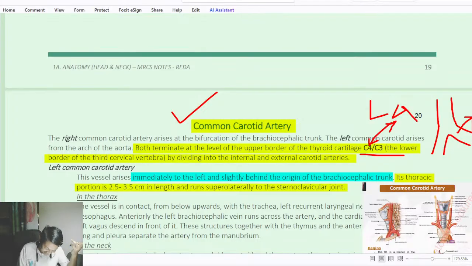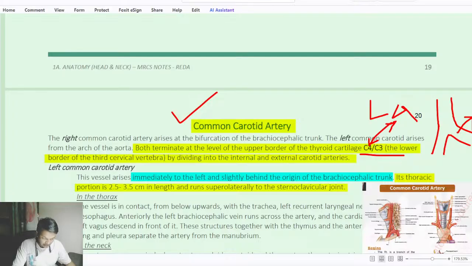Why are you saying L4? You want to take the carotid artery into the lumbar region? Yes, I was wrong. I realized it immediately that I was wrong, so I wanted to come up. So C4.